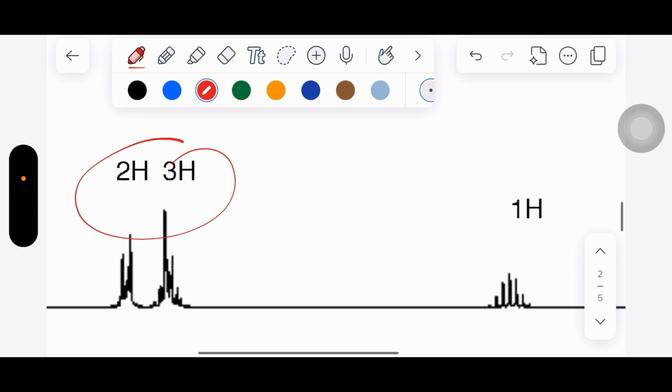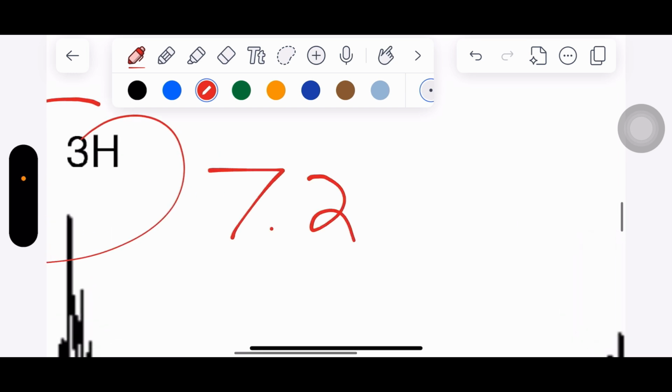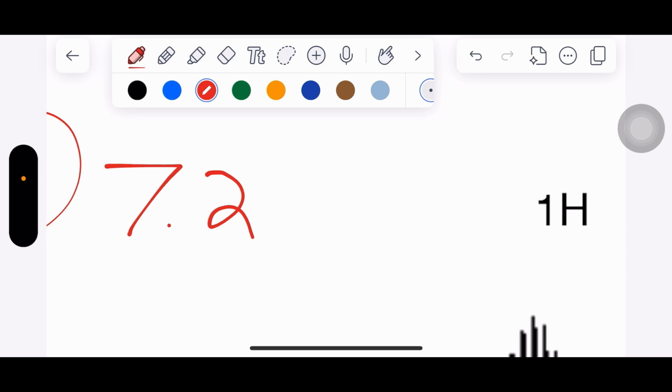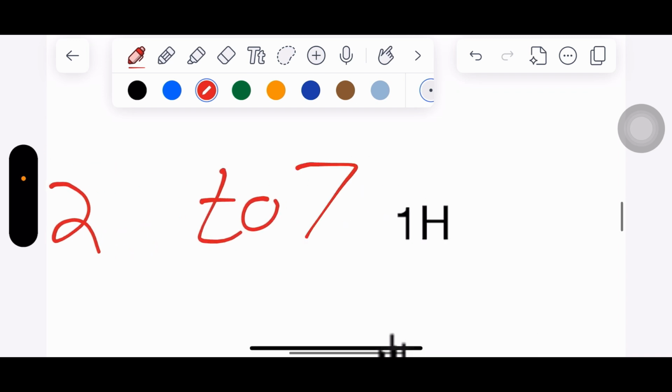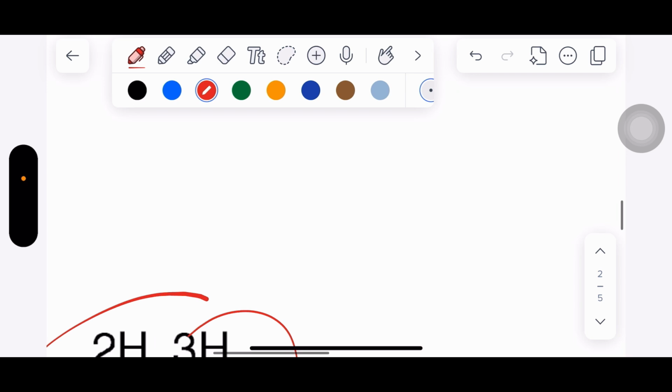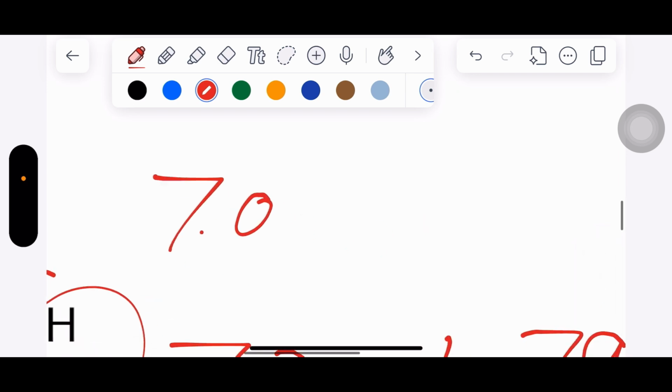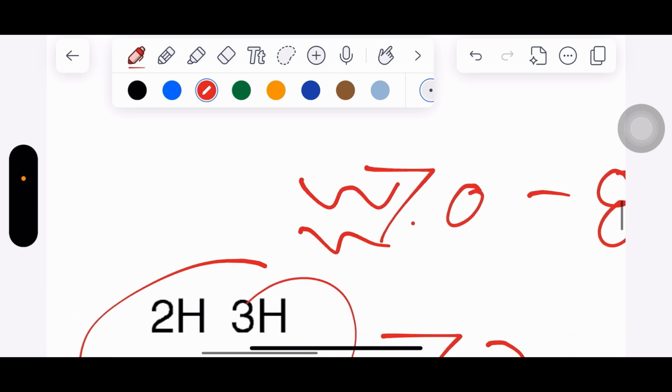These two are around 7.2 to 7.9, so around 7 to 8 parts per million. The phenyl ring has 5 hydrogen atoms, which appear as a multiplet in the region. These signals result from the complex splitting between the aromatic protons, integrating to 5 hydrogens total.